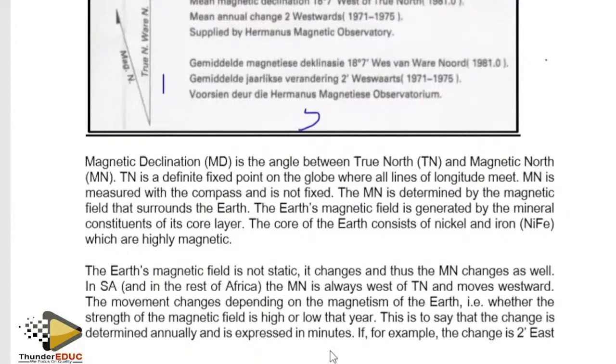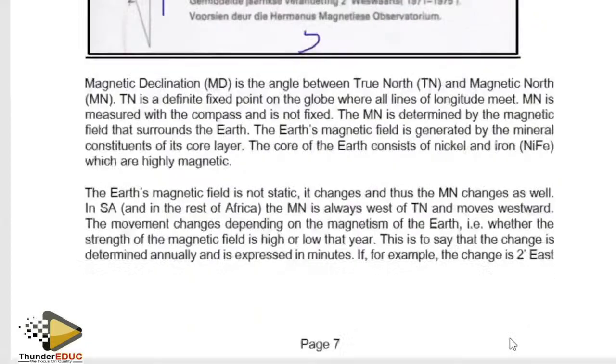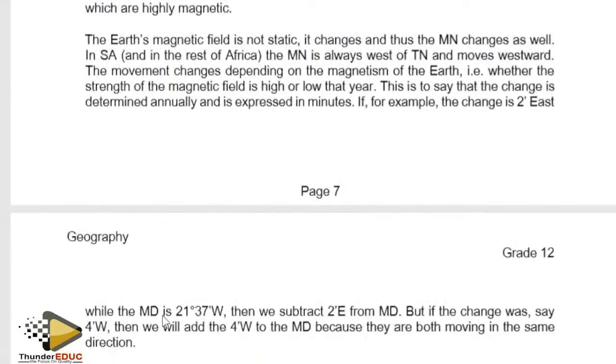This is to say the change is determined annually and it is expressed in minutes. If, for example, the change is 2 minutes east, while the magnetic field is 2 degrees west, then we subtract east from the magnetic direction. But if the change was west, then we will add the west to the magnetic field because they will both be moving in the same direction.